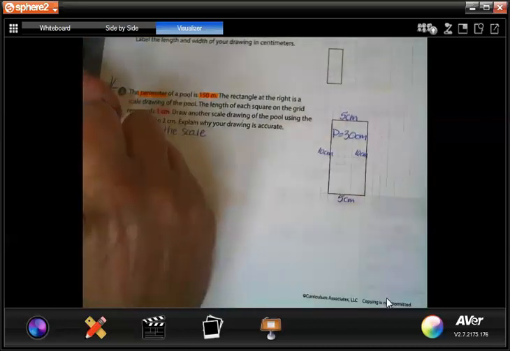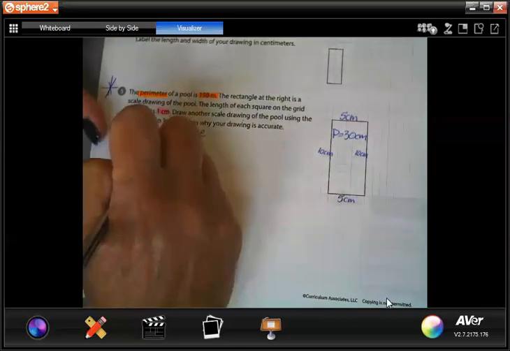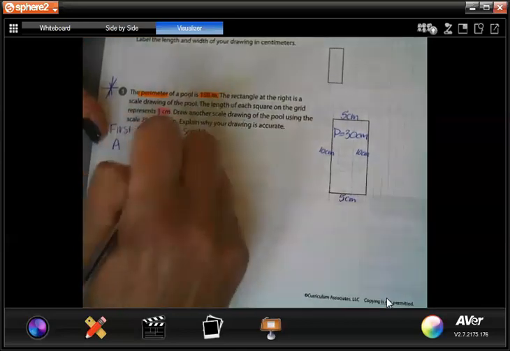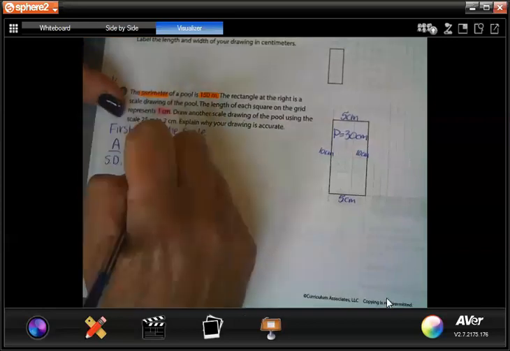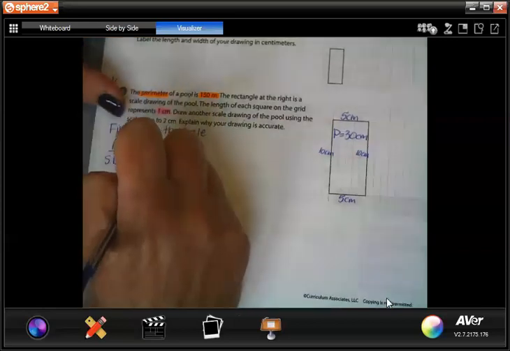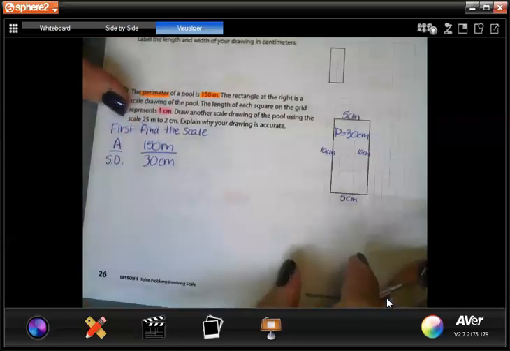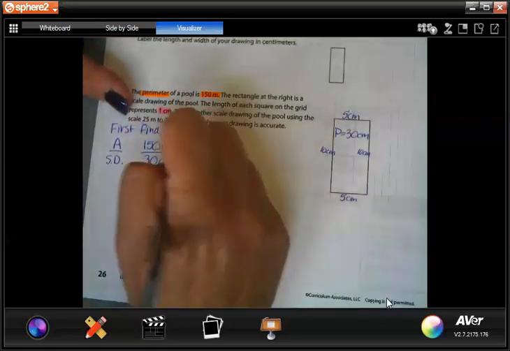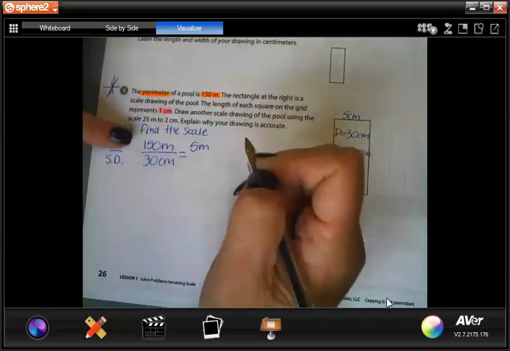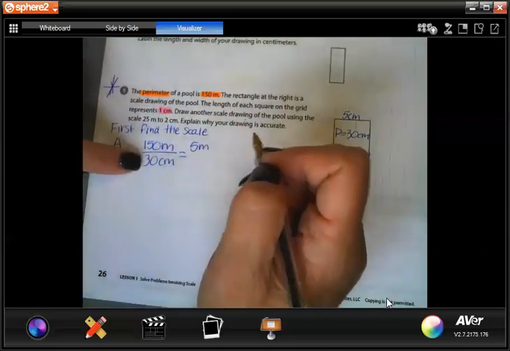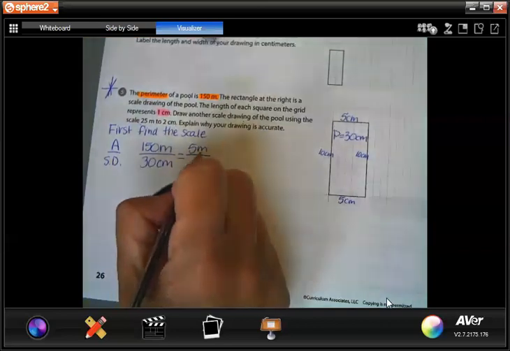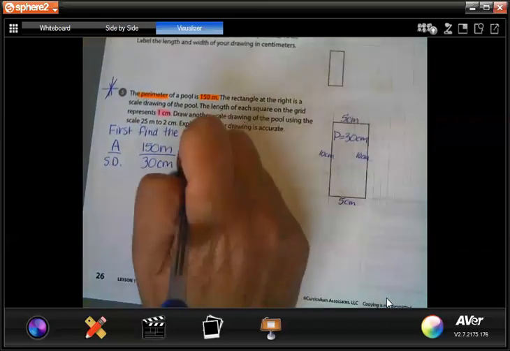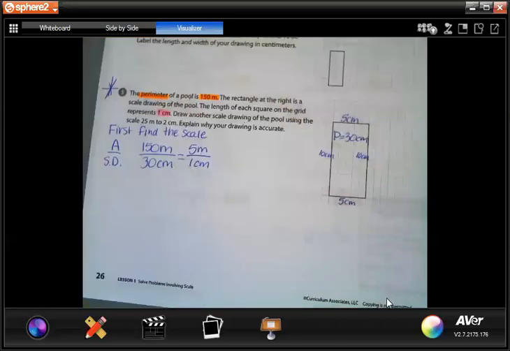If the actual pool is 150 meters, and our scale drawing is 30 centimeters, if I reduce this down, it's 5, because 150 divided by 30 is 5. So for every 5 meters on the real pool, it's 1 centimeter on the scale drawing.